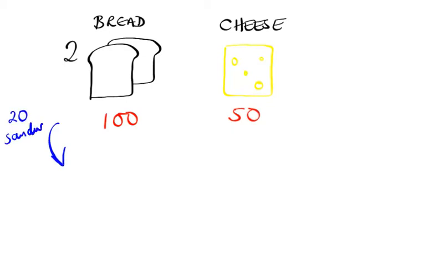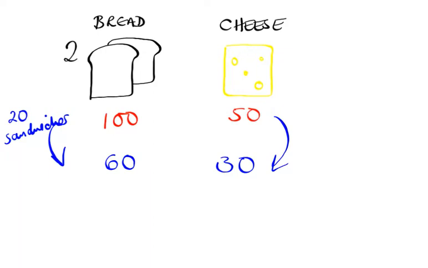So if we make 20 sandwiches, then that's going to involve 40 pieces of bread, so the amount of bread goes down to 60, but in 20 sandwiches that will just be 20 pieces of cheese, so there'll be 30 pieces of cheese left. So they're reacting in a 2-to-1 ratio.